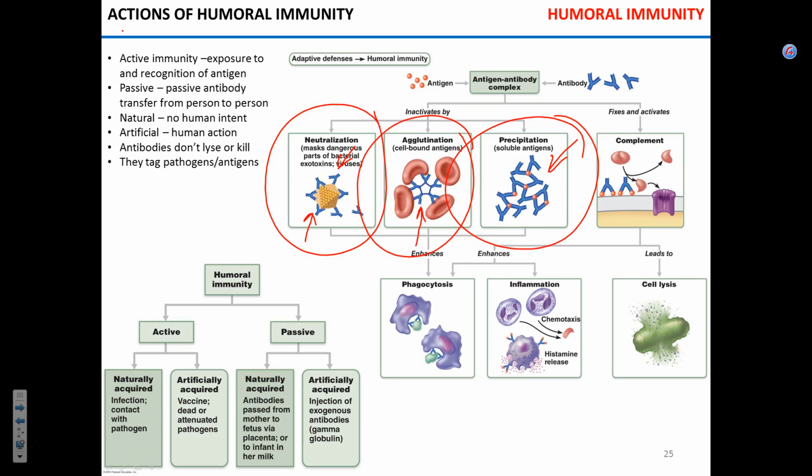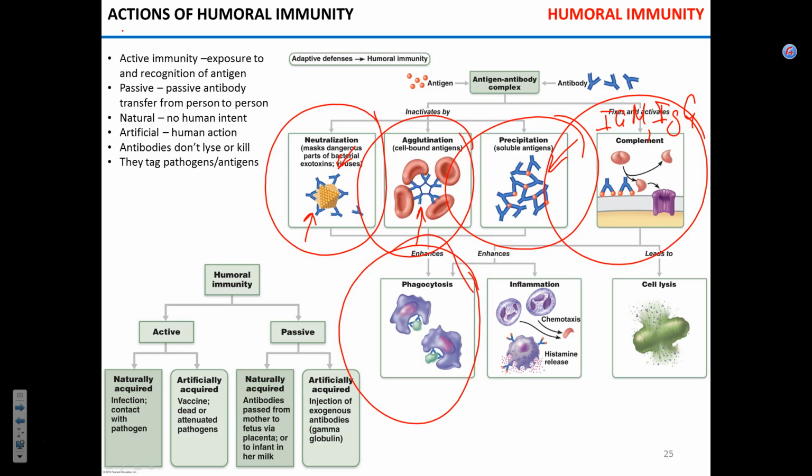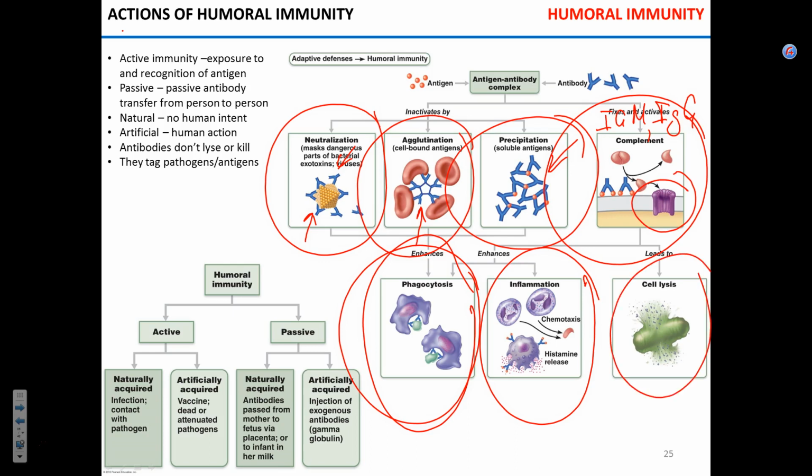Okay? Now, we've got neutralization, we've got agglutination, we've got precipitation, and all of it enhances phagocytic responses. Now, another way the antibodies can work is that they, IgM and IgG, can activate complement. So complement activation can enhance, again, phagocytosis, inflammation, and also lead to the formation of the membrane attack complex that will lead to cell lysis.